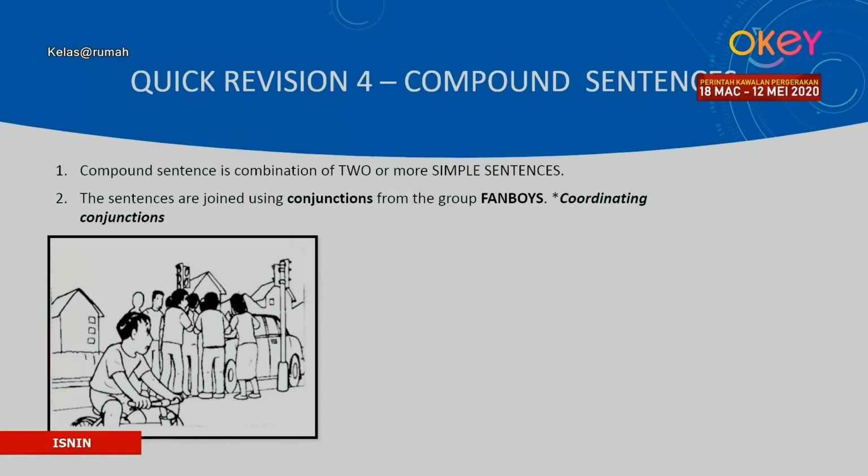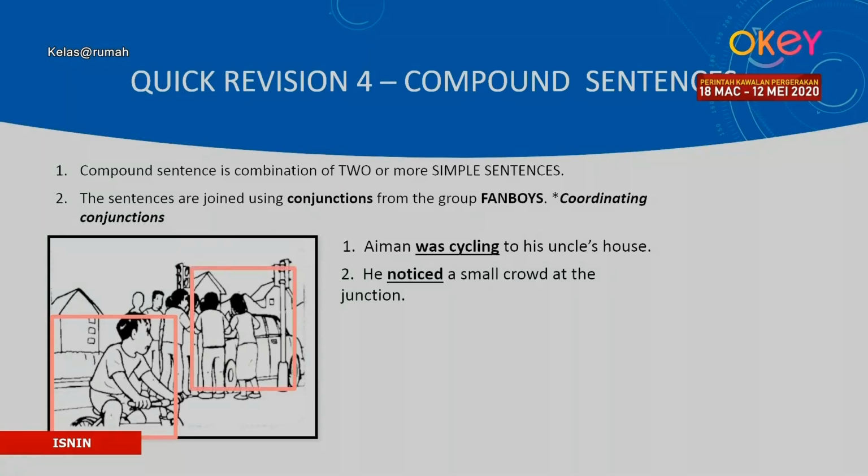Just now, we have constructed our first sentence about the boy. Remember Aiman? Yes, Aiman was cycling to his uncle's house. Now, let's add more points to this picture. My second sentence would be, he noticed a small crowd at the junction.